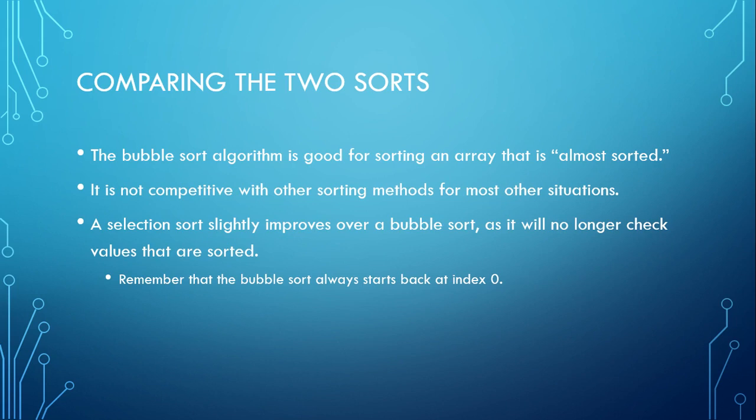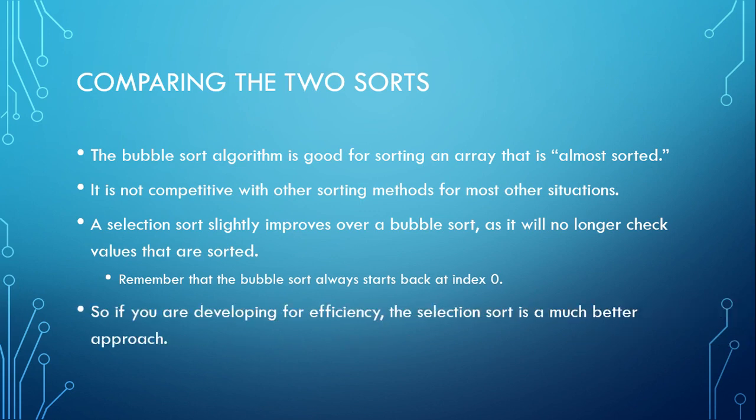It's coming back to check A of 0 and see if anything changed. The selection sort doesn't do that because it's automatically moved the smallest value down to the bottom. So if we're developing an algorithm for efficiency, a selection sort is going to be a much, much better approach than a bubble sort.